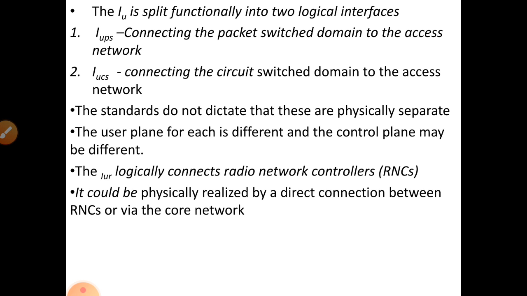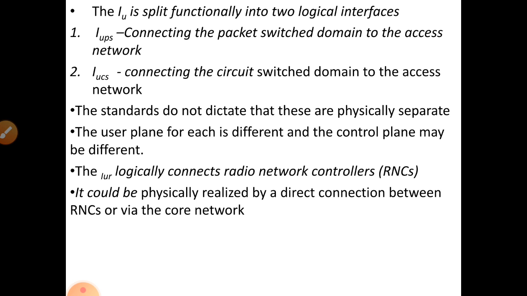Here the user plane for each domain as well as each reference point will be different. We are not using the same user plane. Similarly, the control plane is also different for each reference point and each domain. So simply we are saying that the user plane and control plane used for this reference architecture will be different.